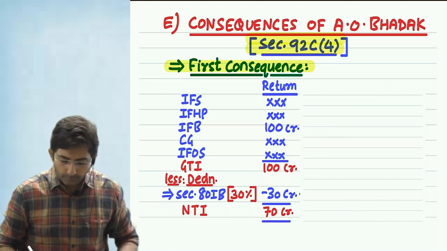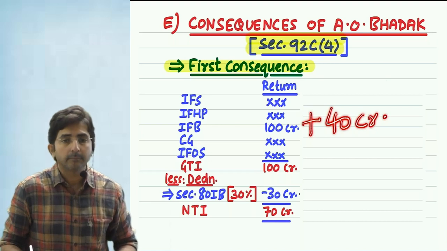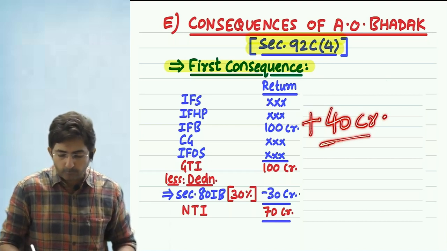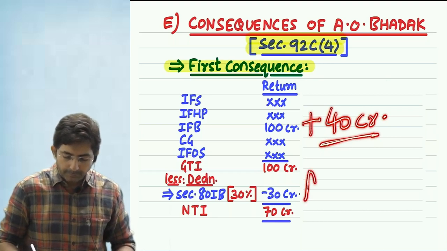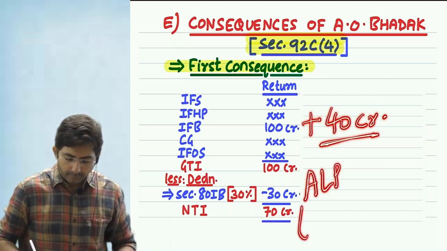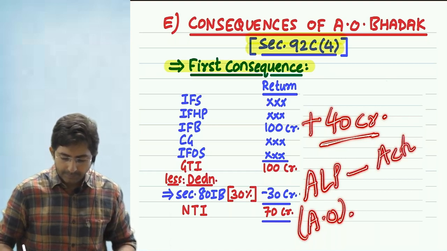And that 40 crores difference the AO will add to the income. How did I get 40 crores? Difference between the ALP computed by the AO minus the actual price.